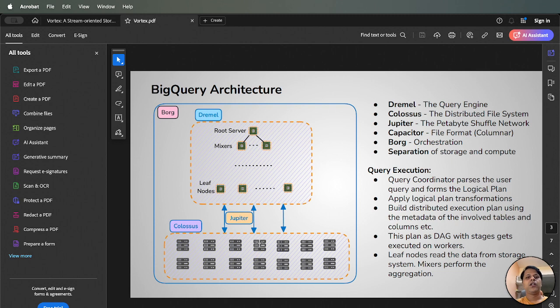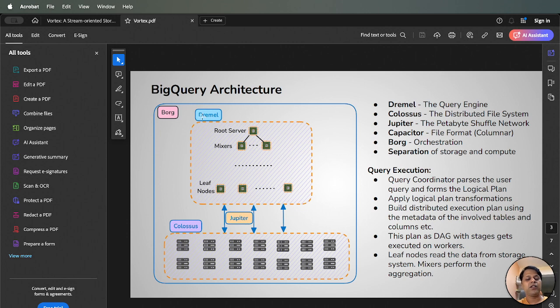Now let's take a little deep dive into BigQuery's architecture. You can find more videos or tutorials on BigQuery, but I will just go through a brief of it. When a user fires a query, it comes to Dremel, which is the query engine, a distributed query engine that runs on slots. Slots are nothing but some amount of compute and networking along with it to perform the computation.